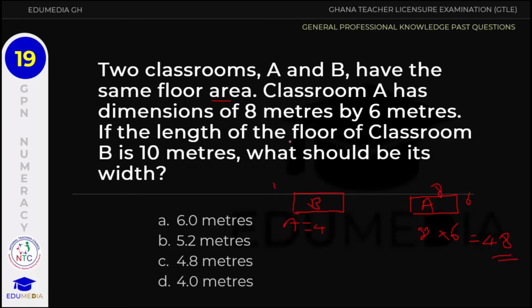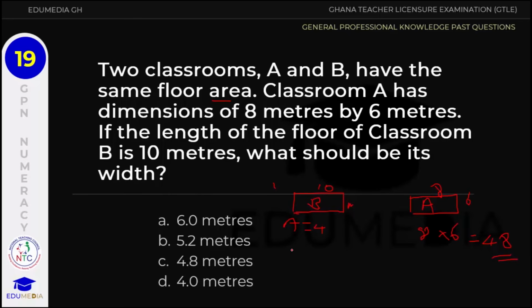But the additional information you have here is that the length of B is 10 meters. All right, so let's have our 10 here. What should be its width? So we are looking for the width of this particular B here. Remember we have the area, the length, and the width. How do we get area? Remember, it's length times width.